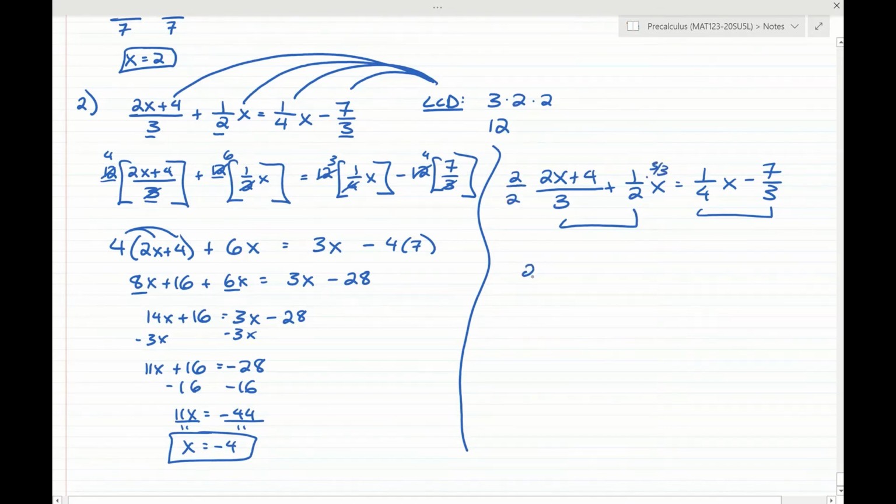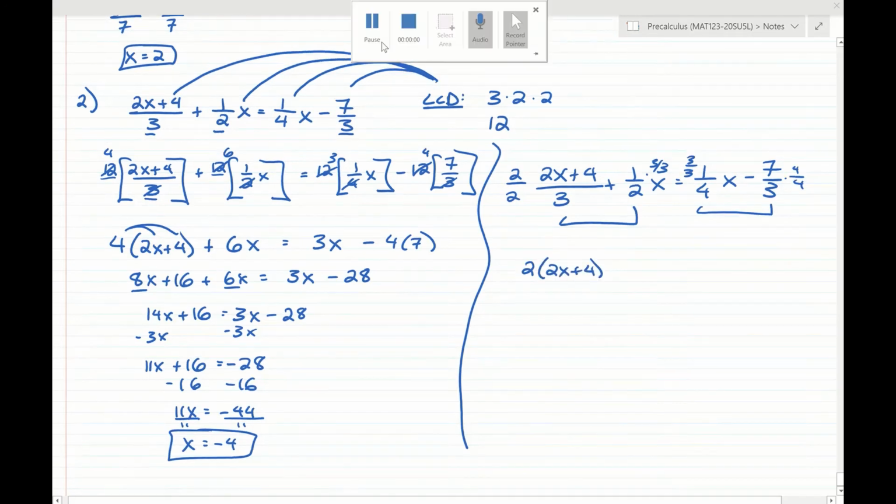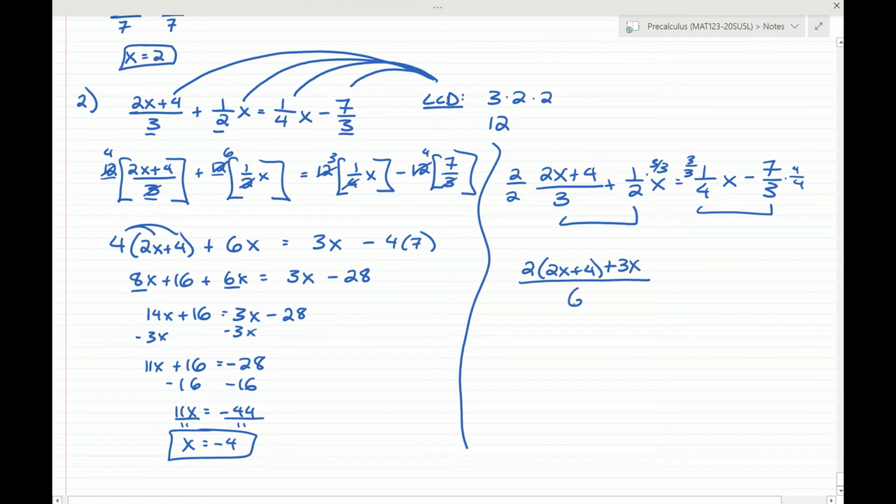So when we combine them, 2 times 2x plus 4 plus 3x over 6, we can write them all as just one fraction, is equal to, this would be 3x over 12 minus 28 over 12.